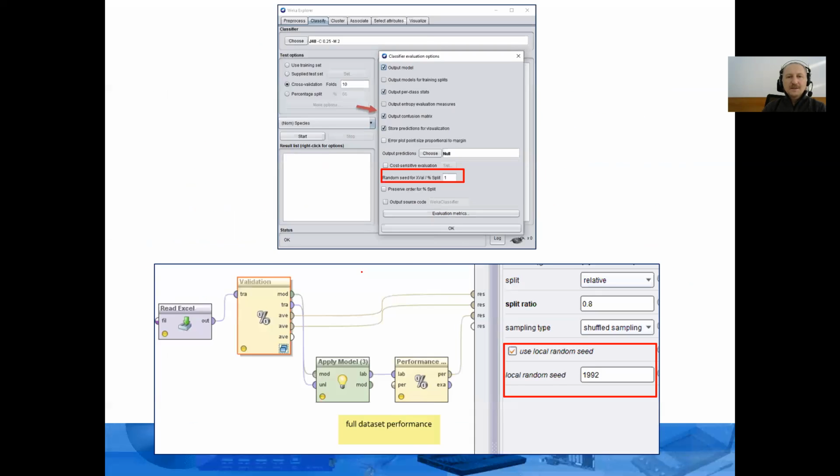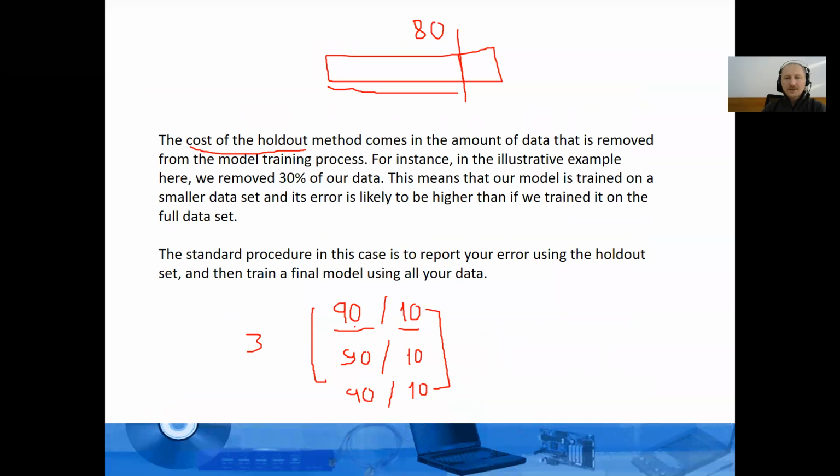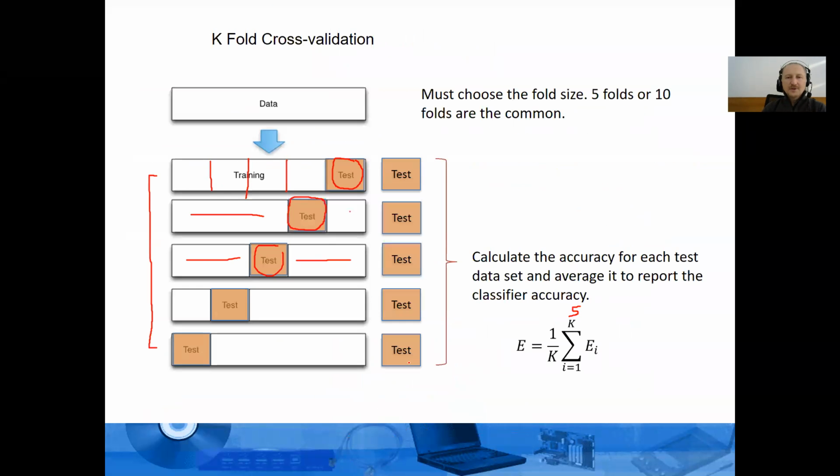But in the repeating holdout method, some data can be overlapped because you are dividing your data randomly. In the first round, you randomly get 90 of them for training and 10 for testing. In the second round, again randomly 90 of them. This means some data can be overlapped. But here, there is no such chance.